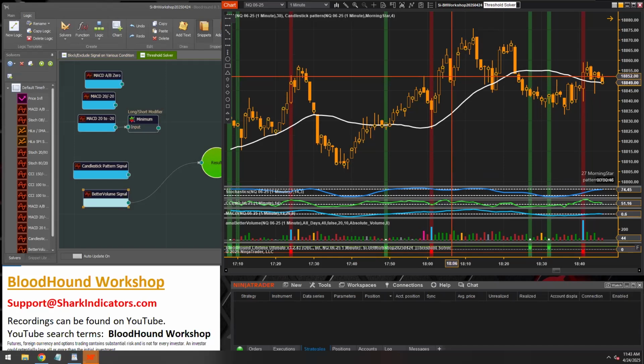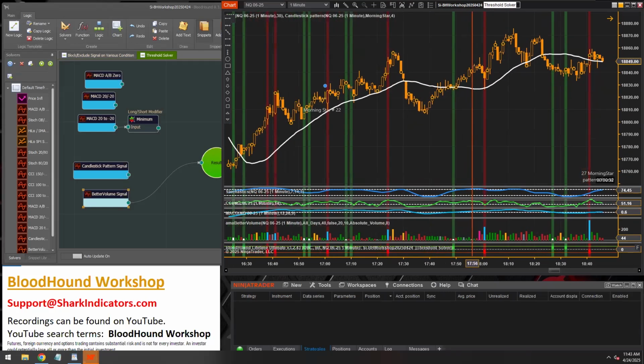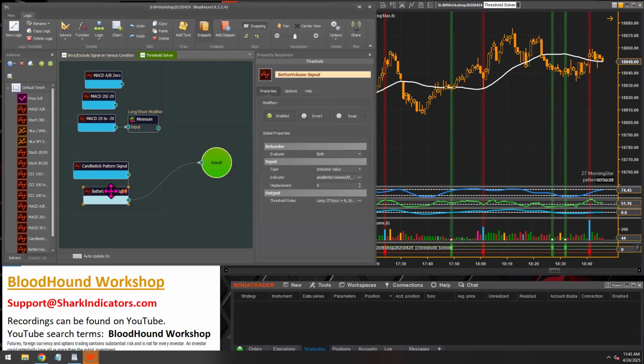And so you might want to know if the market ever goes above one of those pivot levels, and if the market is above one of those pivot price values, then you only want to take long signals at that point.